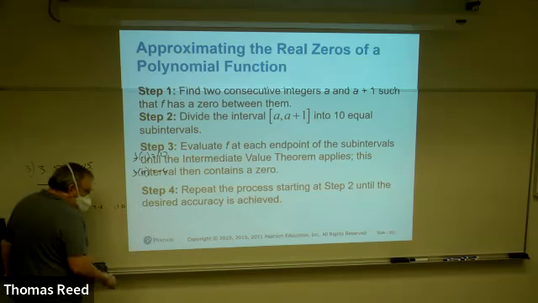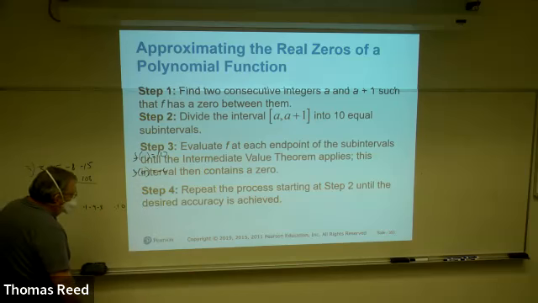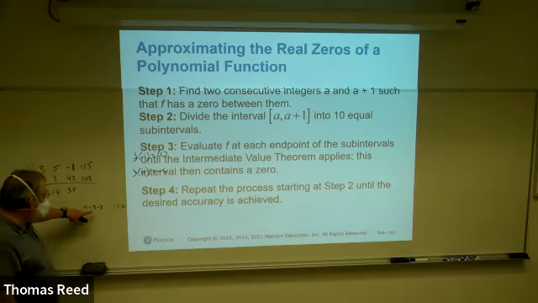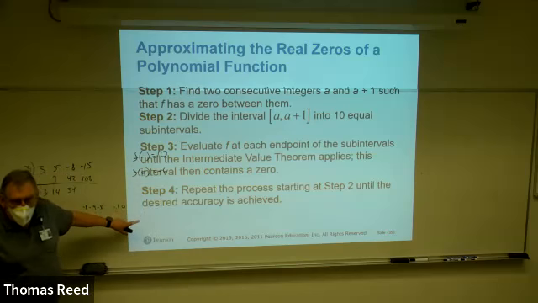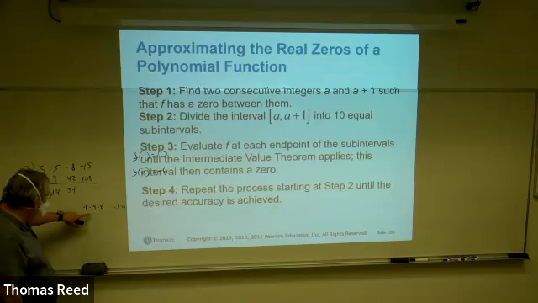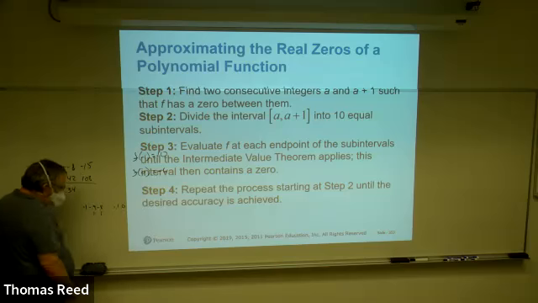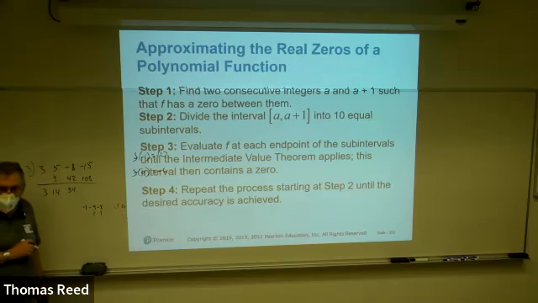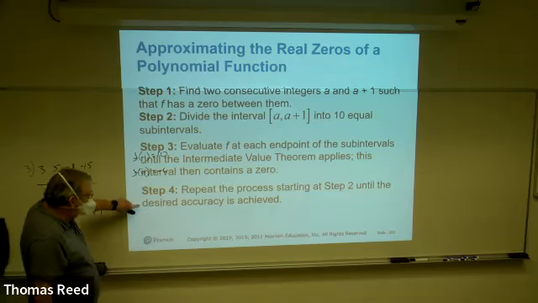I find out where the sign changes again. So if it changes here, then that means there's going to be a 0 between these two. And I divide that into 10 regions. And I keep doing that until I get to the decimal level that I'm looking for. Repeat the process until the desired accuracy is reached.